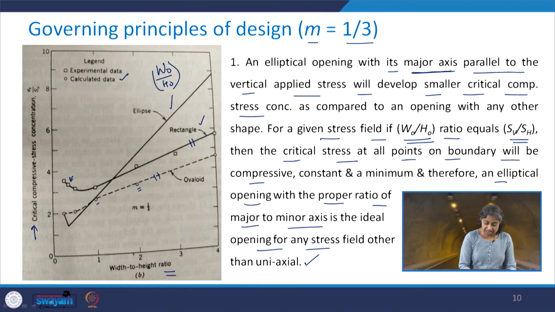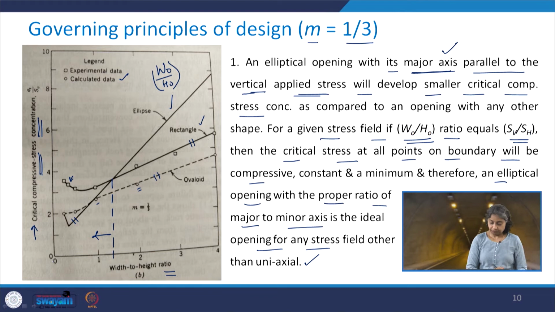So, you see here that if I have W naught by H naught like this, where you have the major axis parallel to the vertical applied stress, this will always develop a low value of the critical compressive stress concentration in this zone.